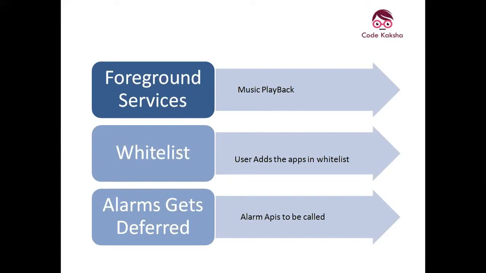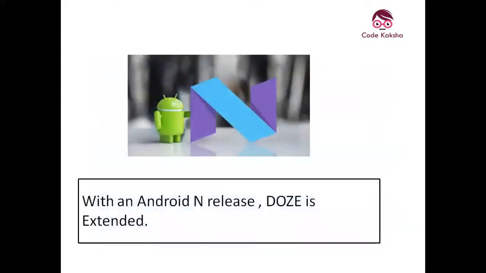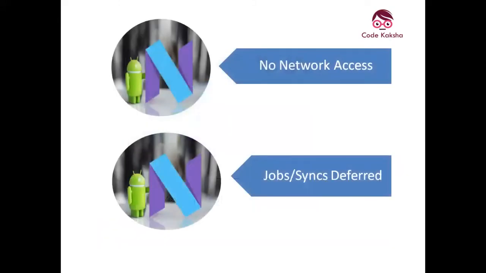Now, when Android N was released, Doze was extended. So let's see how this is going to work. Again you need to think of background activity. Suppose there is a background activity running, and then you turn the screen off, and it is not on charging.